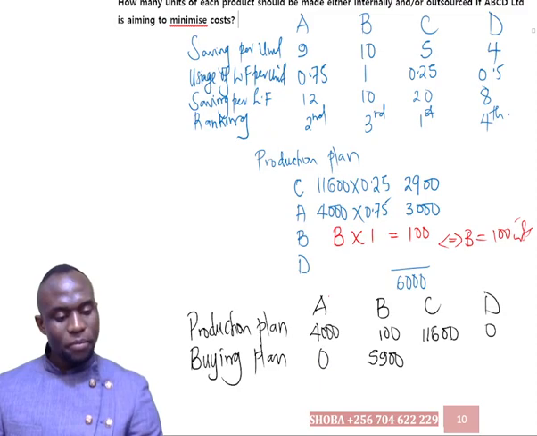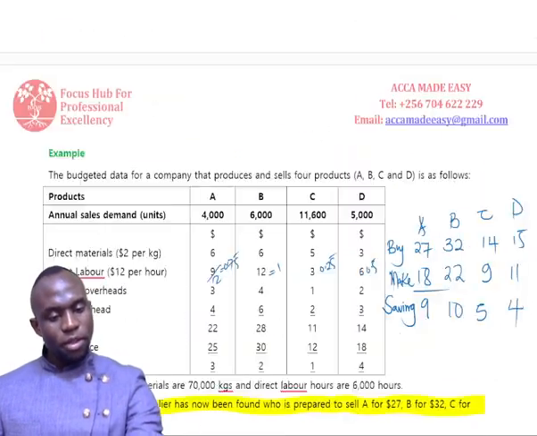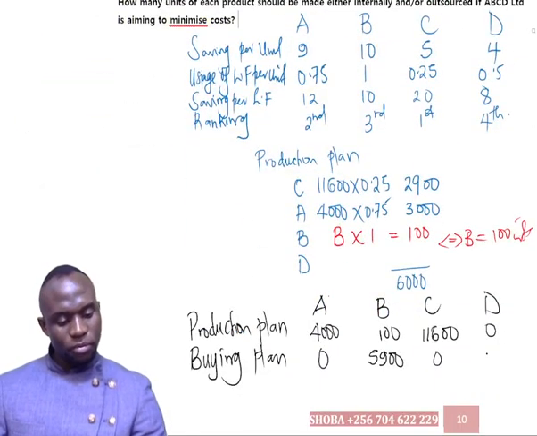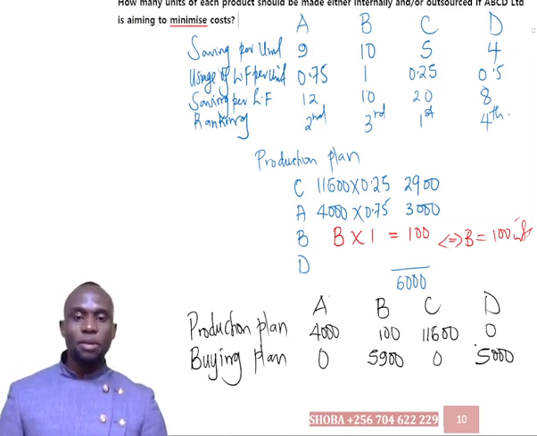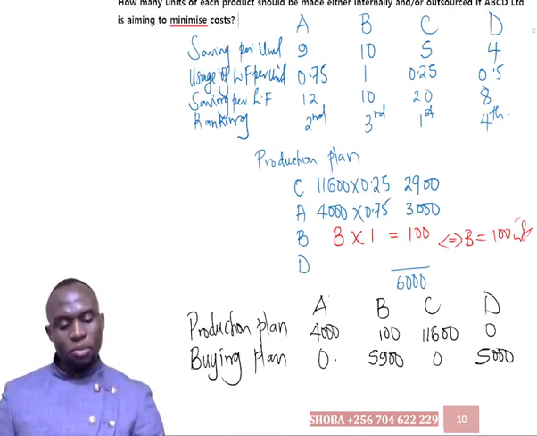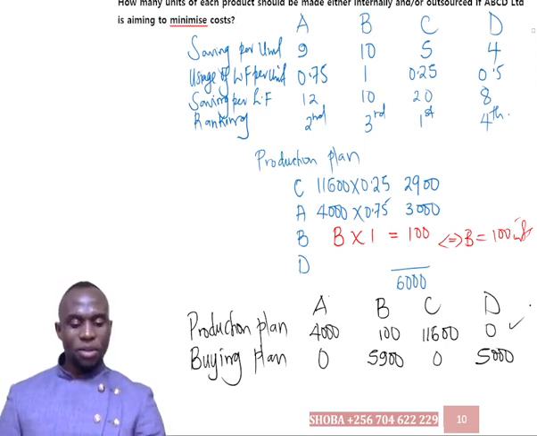Then for C, we need these units and we produced all of them. Then for D, we need to buy all the 5,000 units. So you see, production plan, buying plan. So when we are buying, we buy these units, but when we are producing, we produce what is up here.